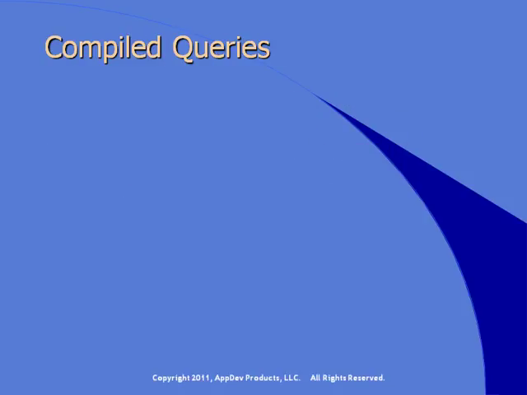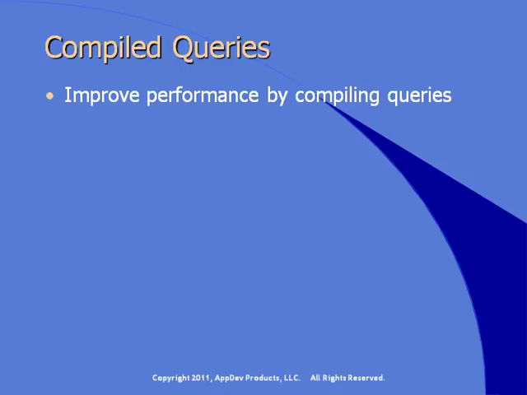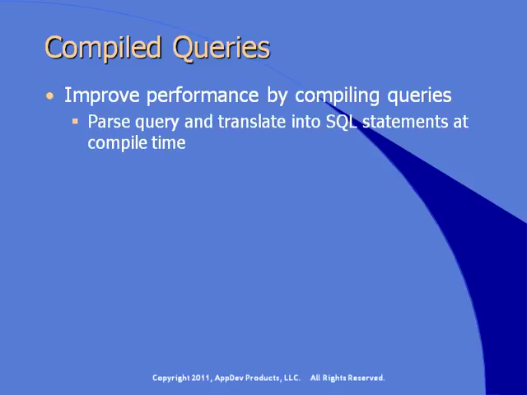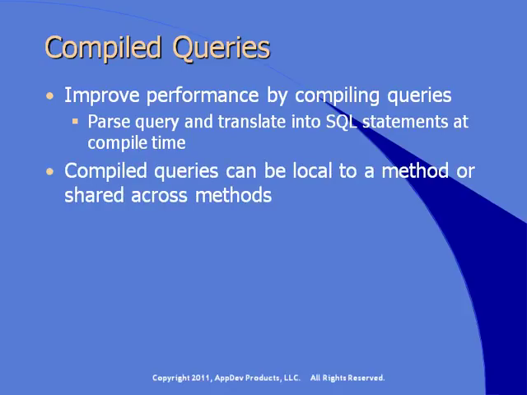So maybe a more common way to improve performance is to compile queries. What will happen is LINQ to SQL will parse the query and translate it into SQL statements at compile time. So this would be equivalent to using a stored procedure. Now, compiled queries can be local to a method or they can be shared across methods.